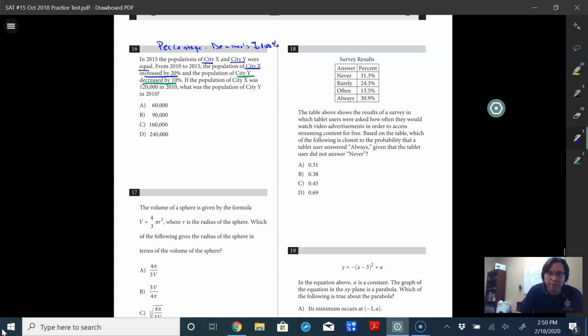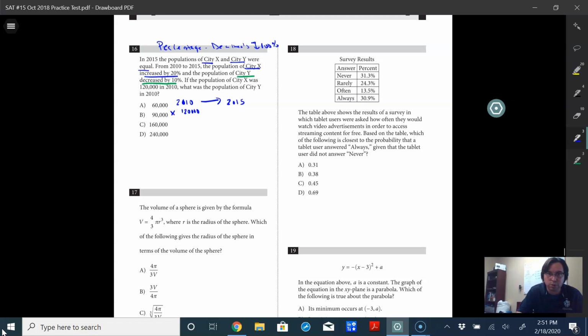We know that in 2010, X is said to be 120,000. And then from 2010 to 2015, it increased by 20%.